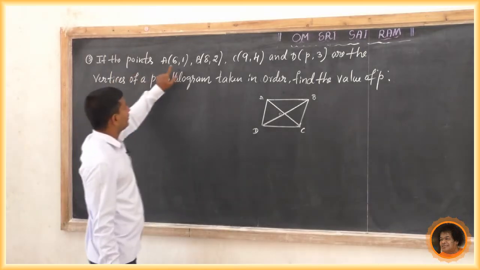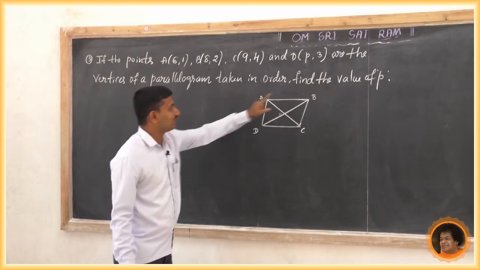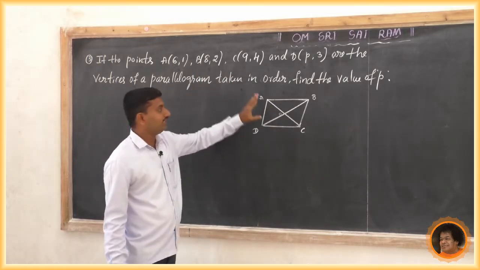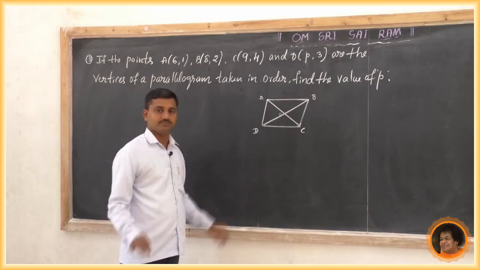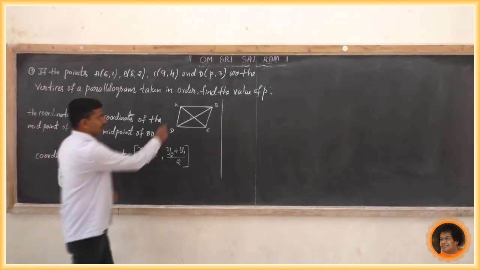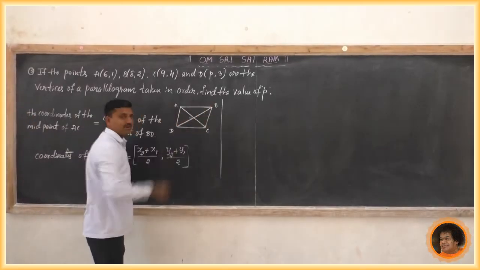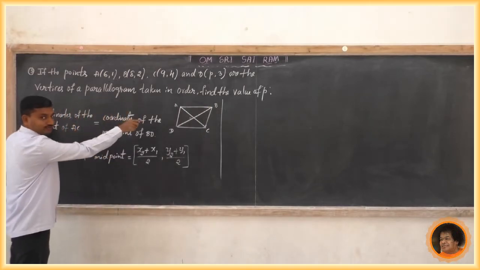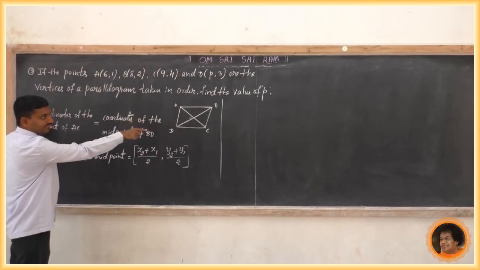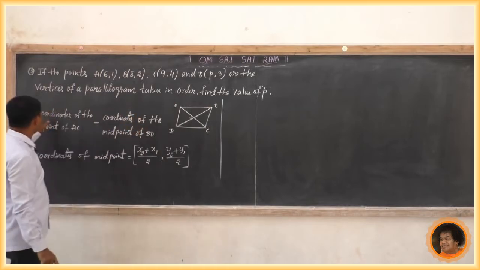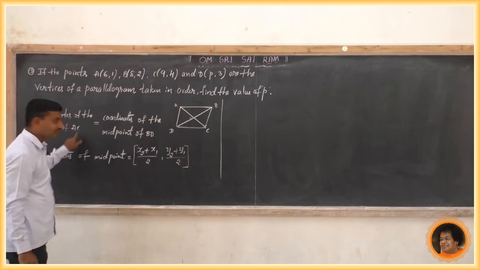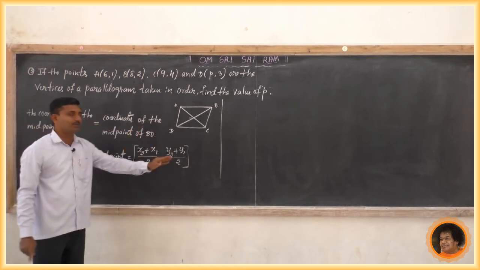So here the 4 coordinate points are given. These are the vertices of the parallelogram taken in order. Find the value of P. We know that in a parallelogram the diagonals bisect each other, so O is the midpoint of diagonal AC as well as BD. The coordinates of the midpoint of AC equal the coordinates of the midpoint of BD.